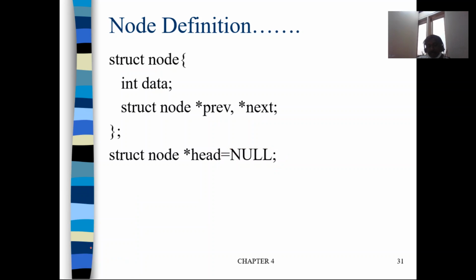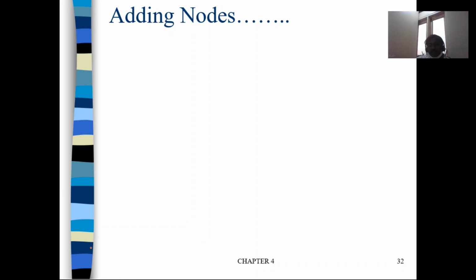That's it. Then let us see the logic for adding nodes to the linked list by using a function. Let us assume there is a function called addNode. This is a void function, that is, it won't return any value.